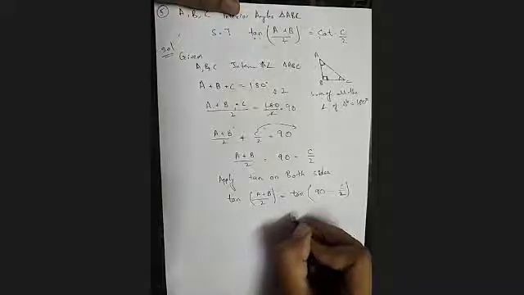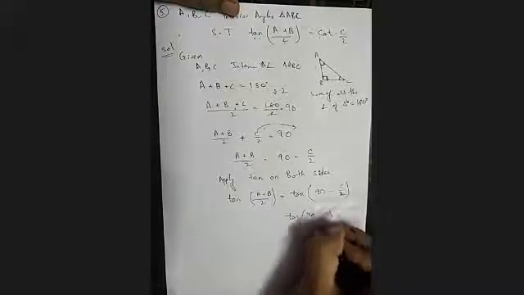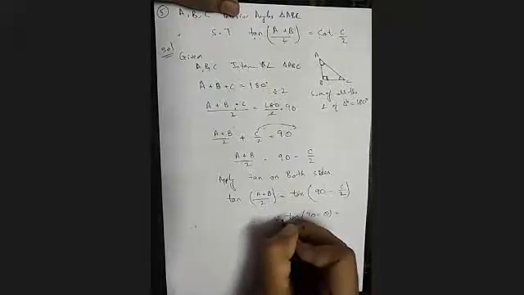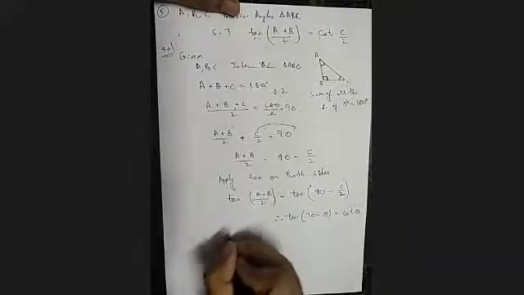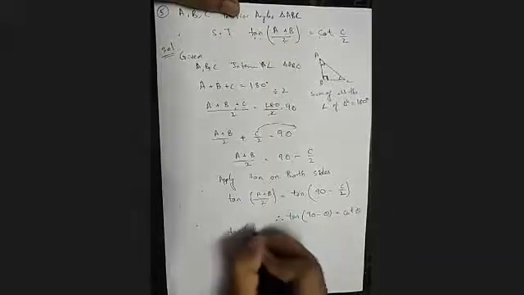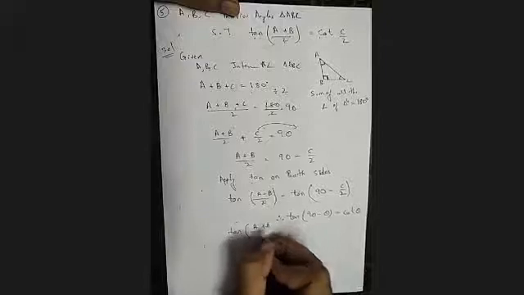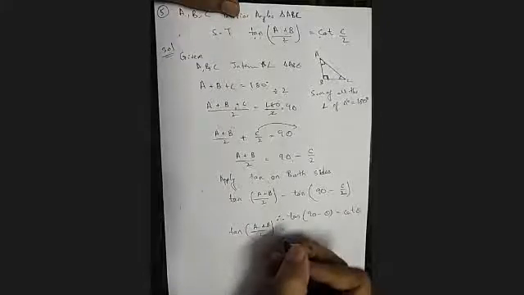Is it clear till here? Now, tan 90 minus theta is equal to cot theta. Apply the formula. Tan A plus B by 2 is equal to cot C by 2.